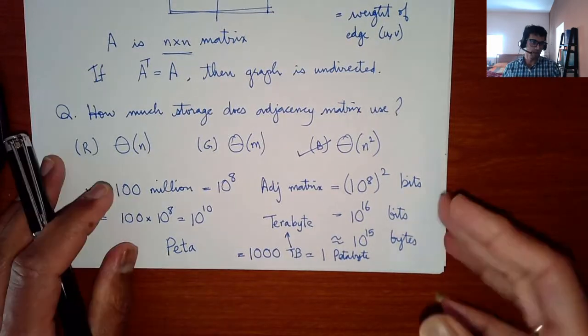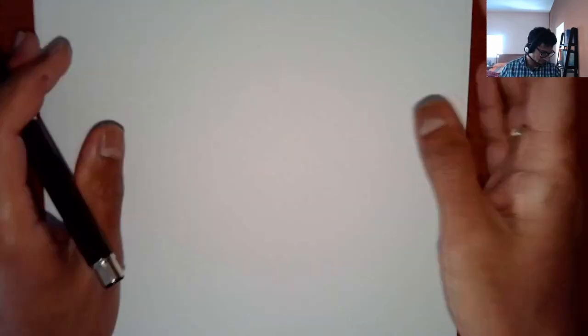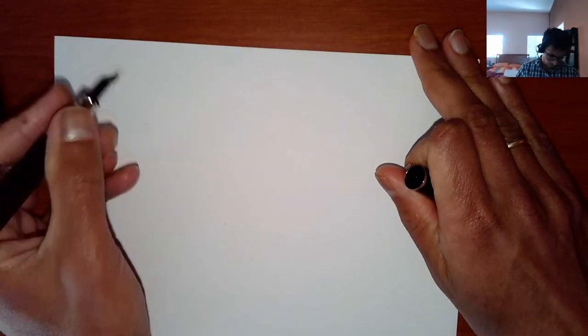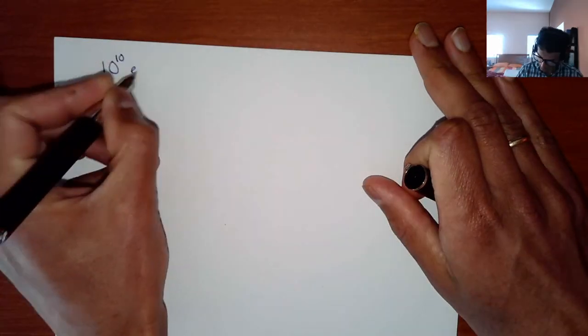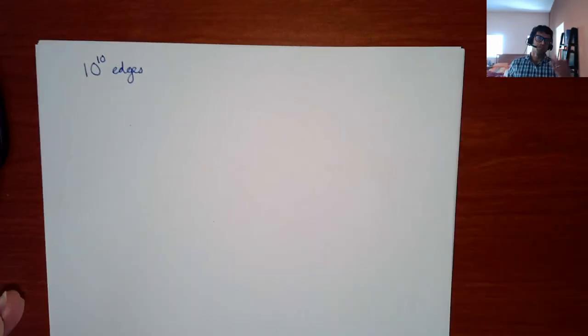Instead, let's look at the raw list of edges. The raw list of edges is essentially just going to store 10 to the 10 edges. Each edge, you could think of as storing something like 2 longs.